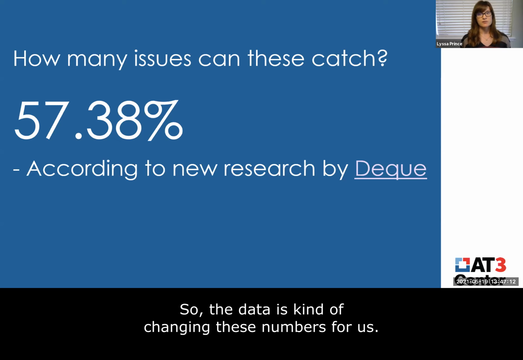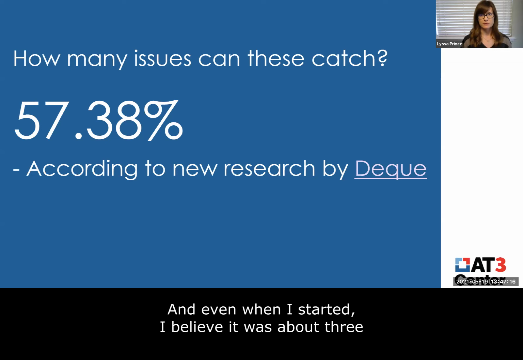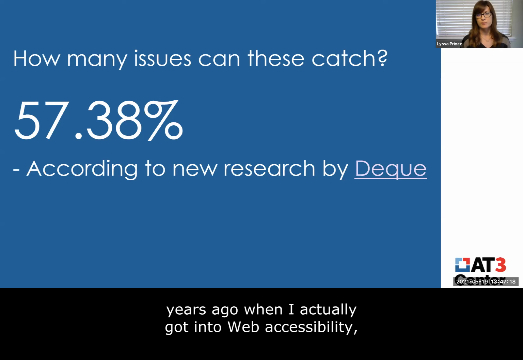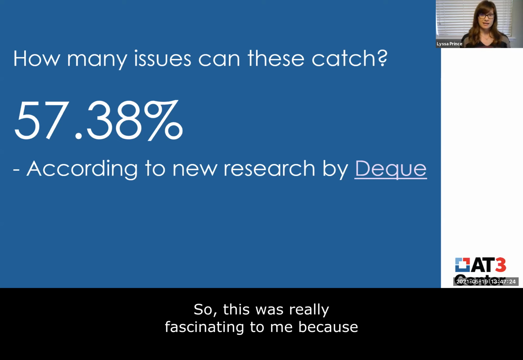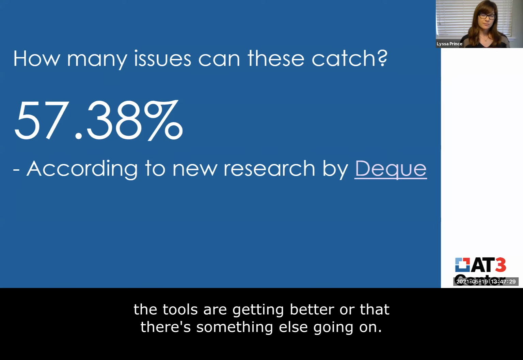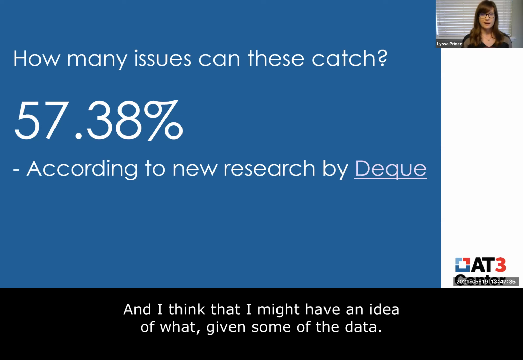So the data is kind of changing these numbers for us. And even when I started, I believe about 3 years ago when I fully got into web accessibility with Able Tech, that was the number I kept hearing. So this was really fascinating to me because it either indicates that the tools are getting better or that there's something else going on. And I think I might have an idea of what, given some other data.